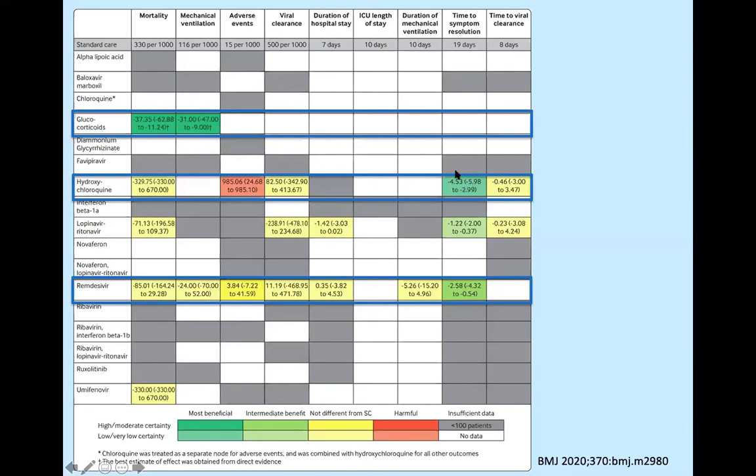Hydroxychloroquine improves time to symptom resolution by on average about 4.5 days, but in reality has no impact on outcome. Remdesivir has an impact on time to symptom resolution, but no impact on survival at all. And that's the yellow, as you can see, no difference. Most beneficial, intermediate benefit, insufficient data. And the thing that's striking about this is it's mostly insufficient data.